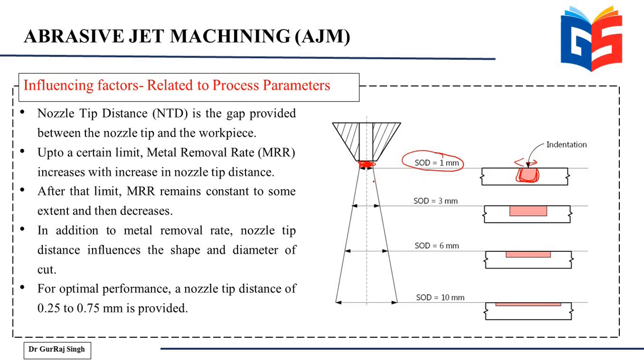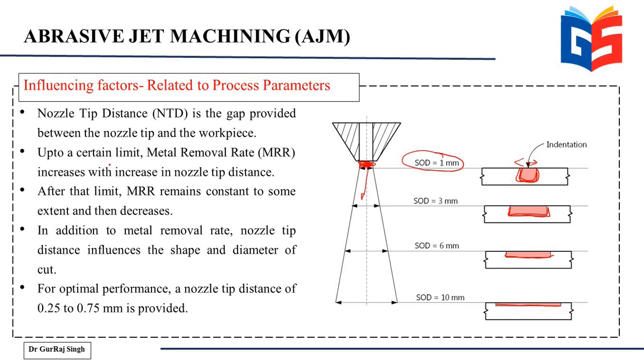But as it increases, at 3 mm it becomes less deep and wider. At 6 mm it's even wider and shallower, and at 10 mm it is nearly on the surface and very broad, very wide.